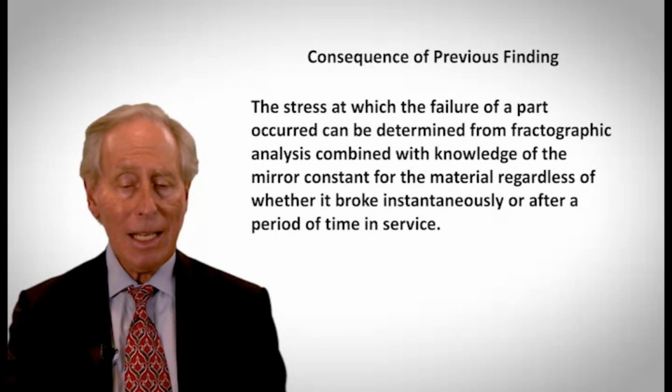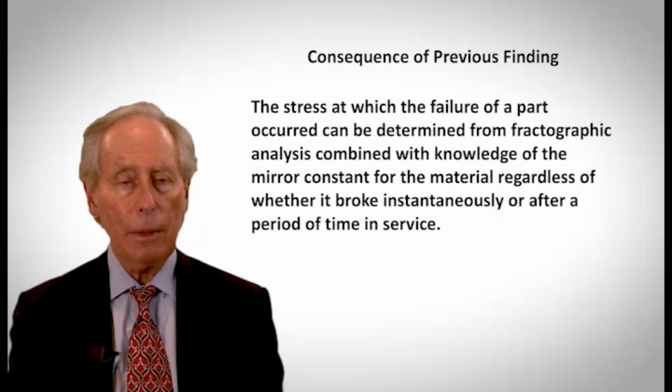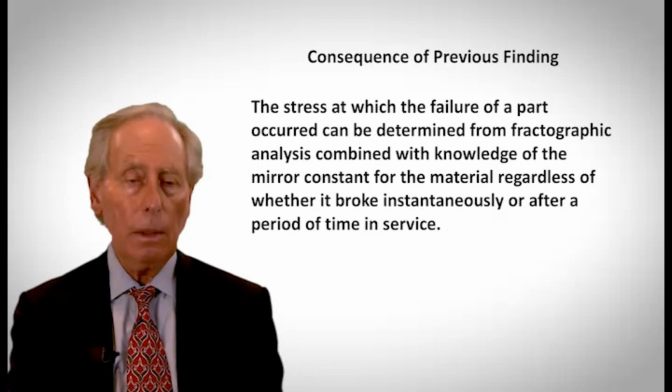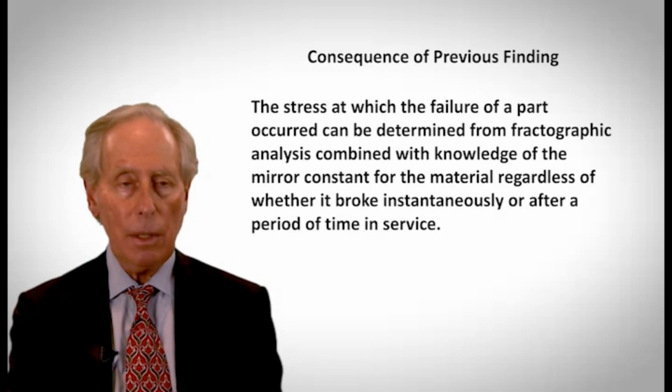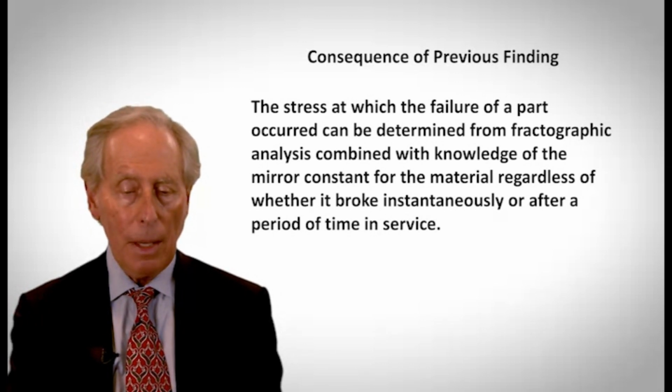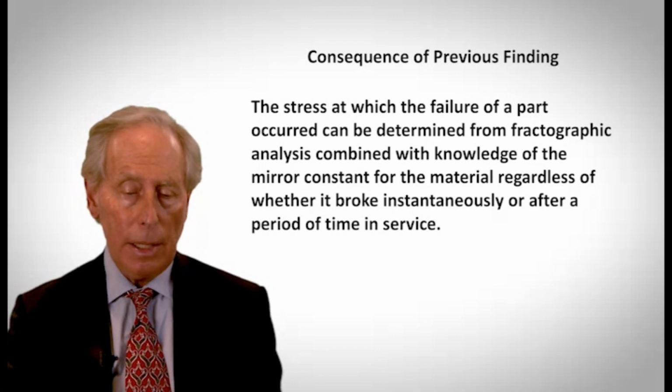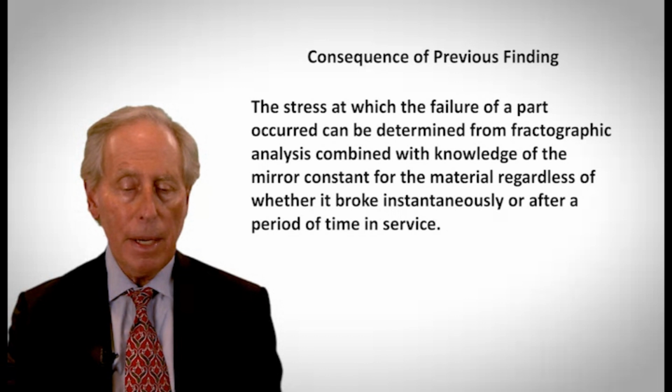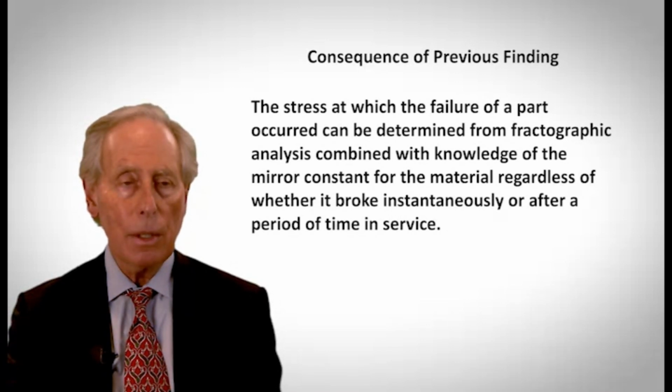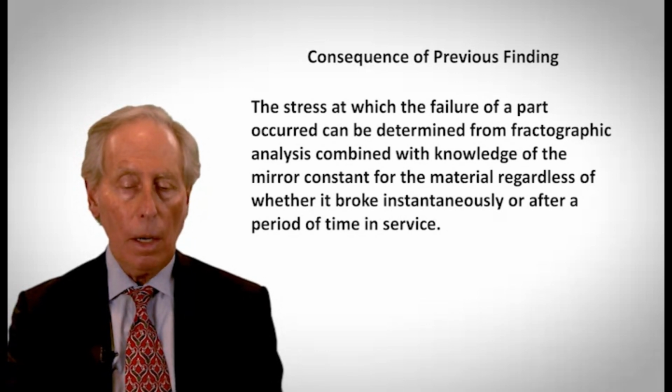One other interesting aspect is the effects of slow crack growth. We talked a great deal about the importance of slow crack growth. That is, failure doesn't have to occur instantaneously, but can occur because cracks grew over a long period of time. I won't go into detail on these curves, but the major point is brought out up here, that the mirror constant, those A values that we saw earlier, were unrelated to the time it took to cause failure.